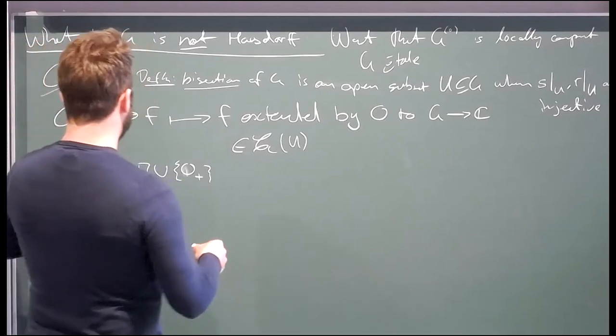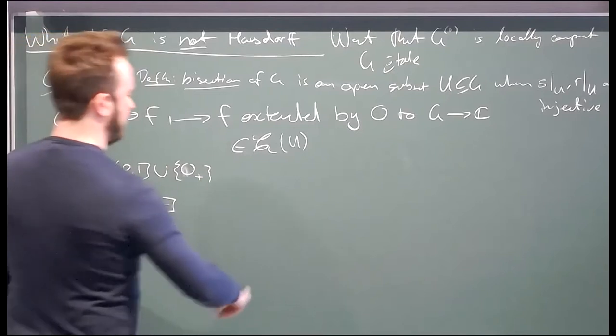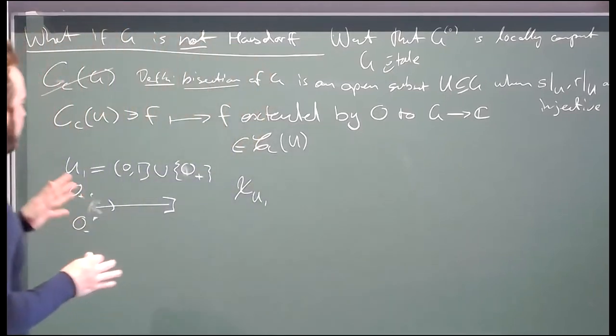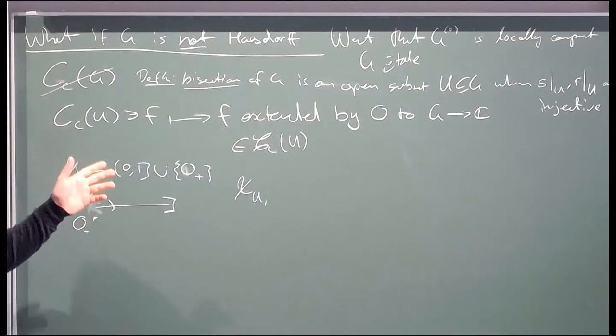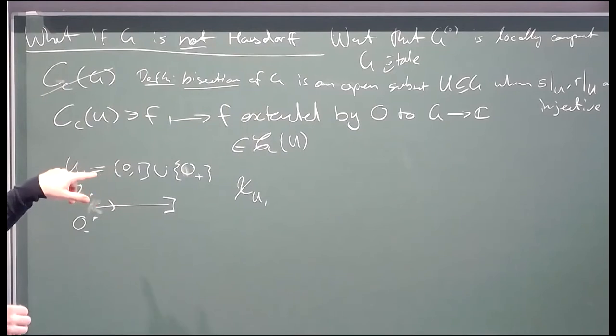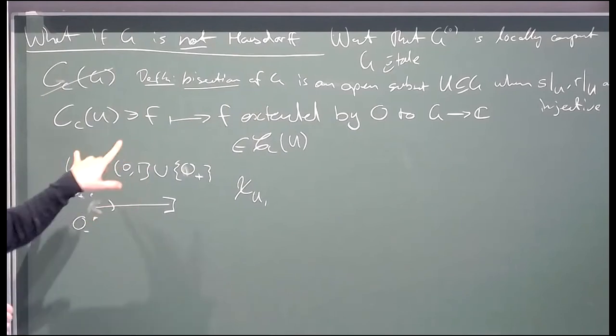If I take the function that is constant 1 on that, the characteristic function, this vanishes at topological infinity of this set, because this set is compact. Also, no, this set is compact, it's not closed.